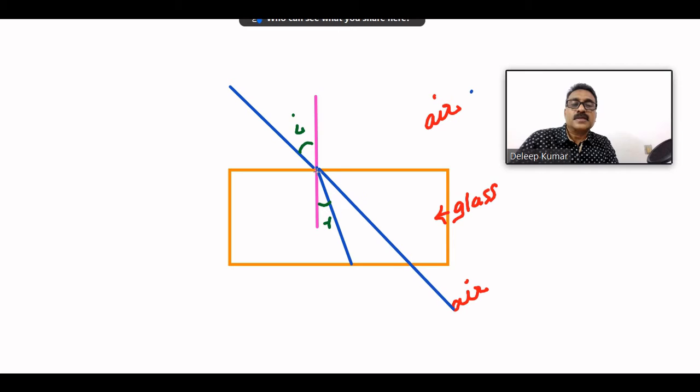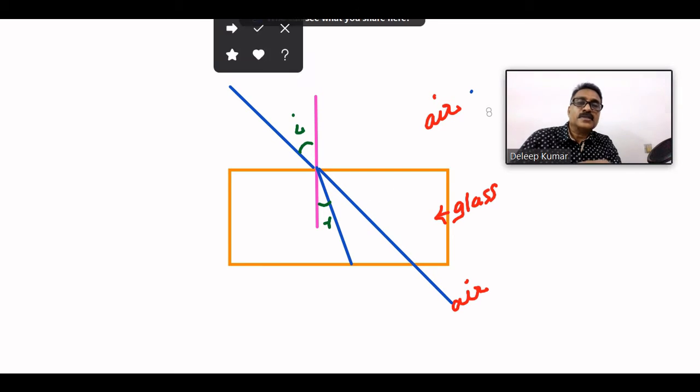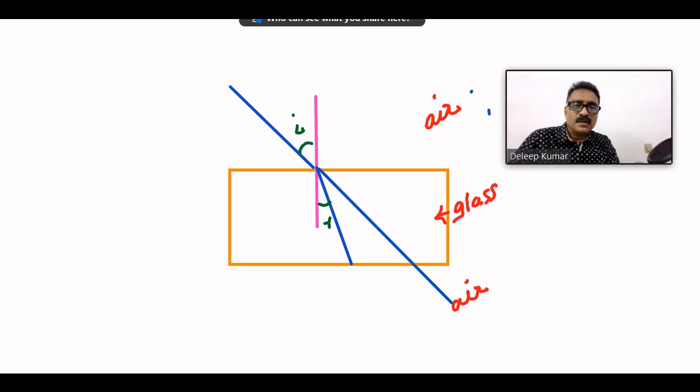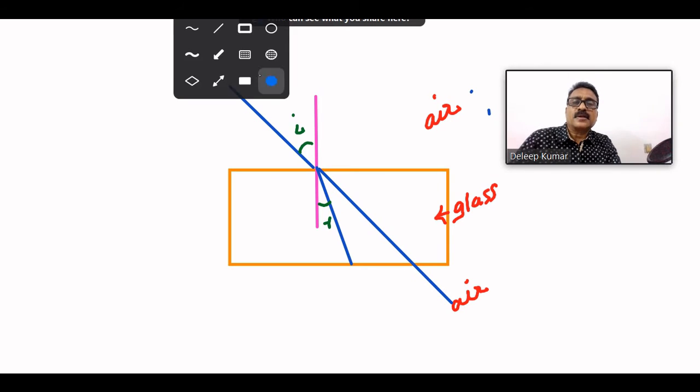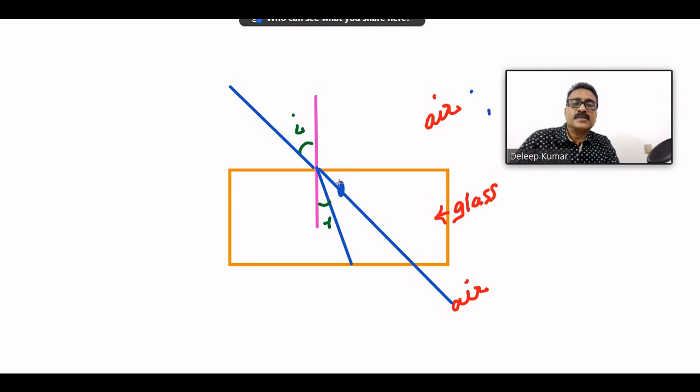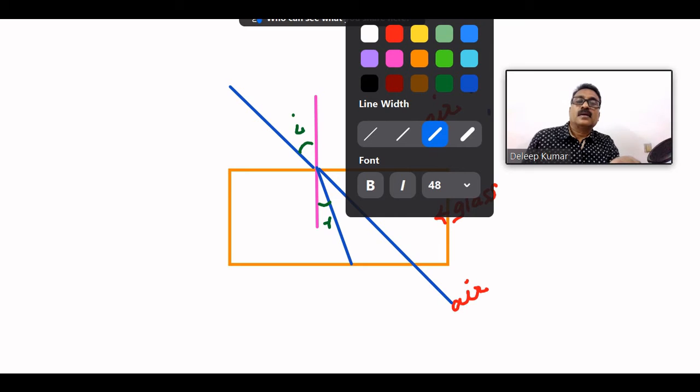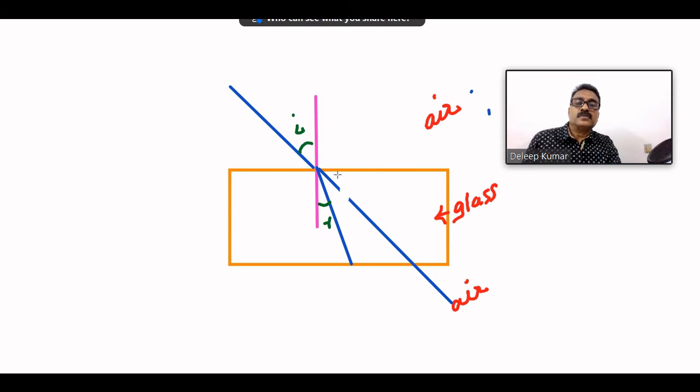For what purpose are we extending this line? If the glass slab was not here, then this ray would travel like this. What's the use of that? We can discuss that later. So make this line a dotted line.